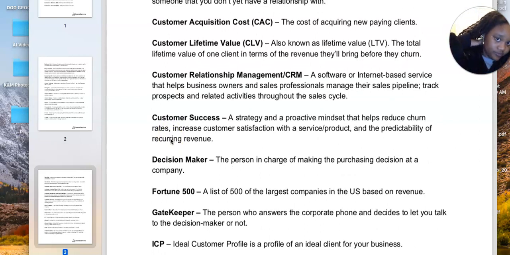Okay. Next, we have a customer relationship manager, also known as a CRM, which is huge in tech sales. It's a software or an internet-based service that helps business owners and sales professionals manage their sales pipeline and track prospects and related activity through the sales cycle.